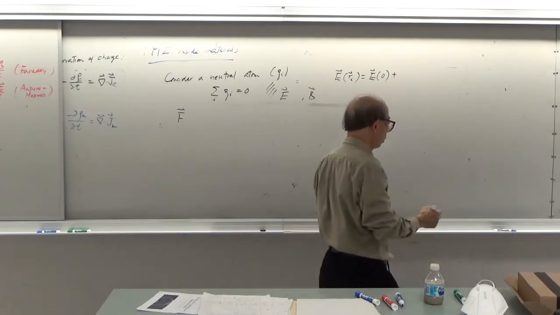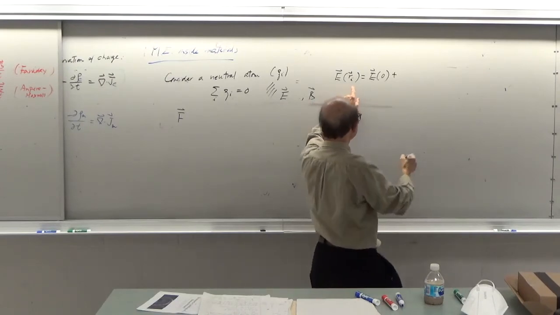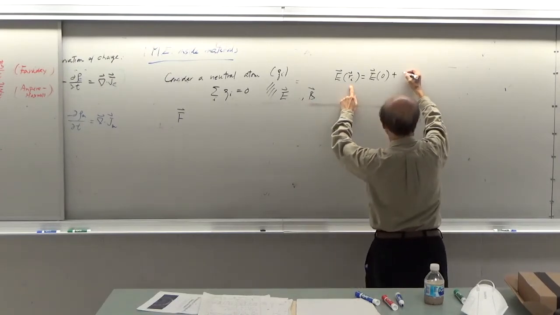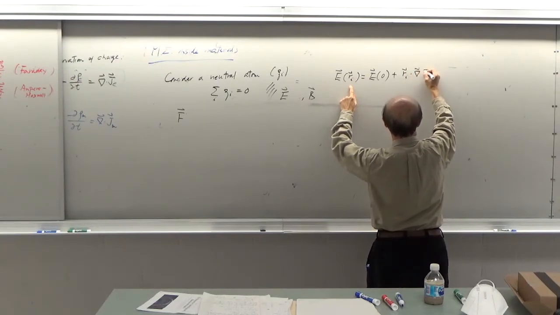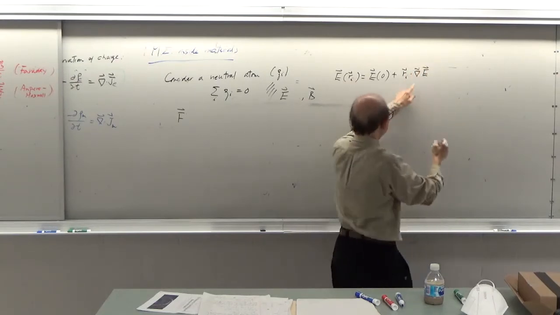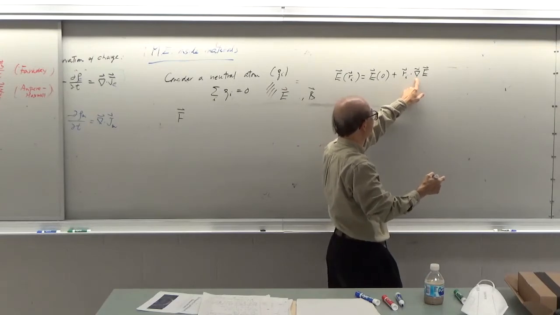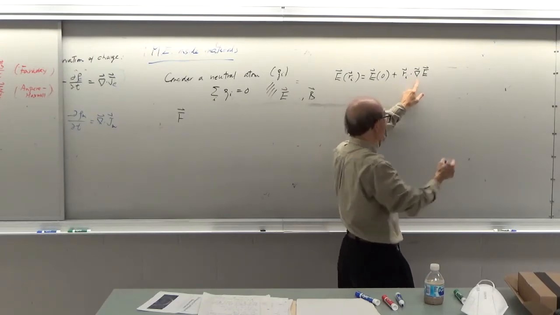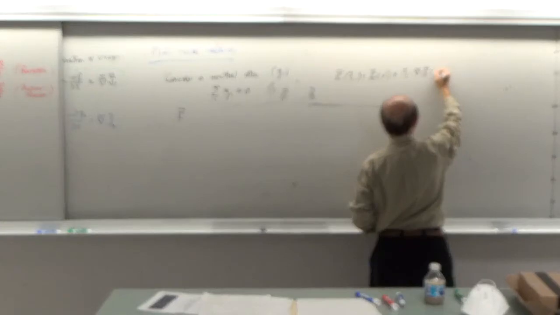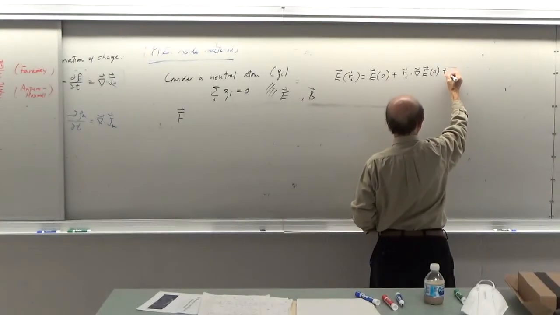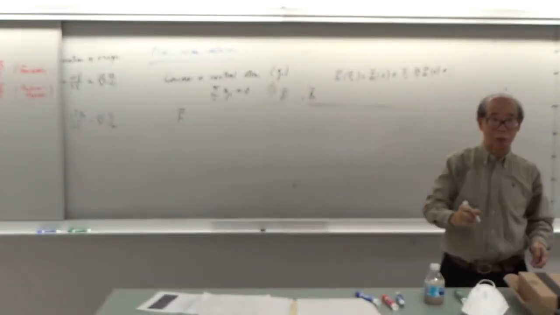This is slightly more complicated because this is a vector, but it's easy. It's r dot gradient acting on E. And once you have done the derivative, with this gradient operator, you evaluate the whole thing at 0. Plus higher order terms.